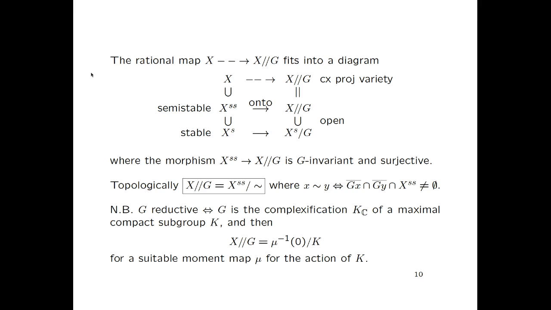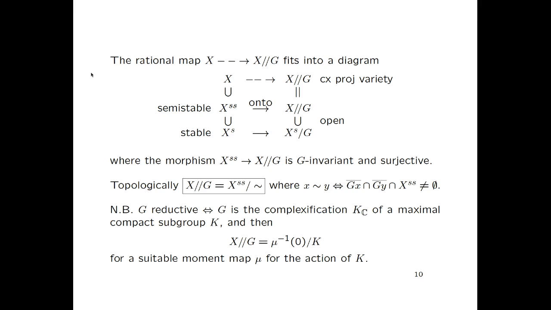So it's not always well defined everywhere, because you may have points in X where there are no invariants that don't vanish at X. But if you restrict to the so-called semi-stable points, you get an open subset where the morphism is well defined.